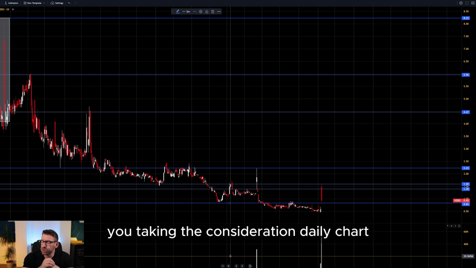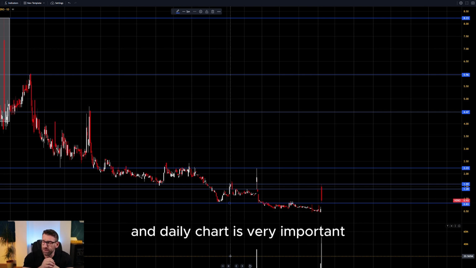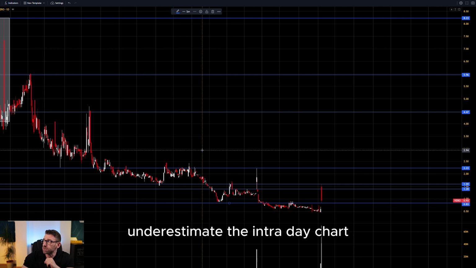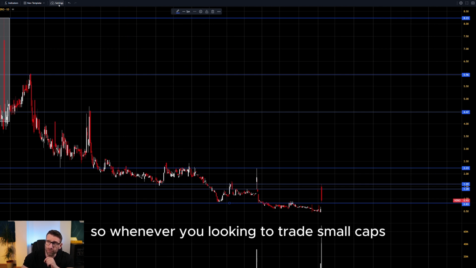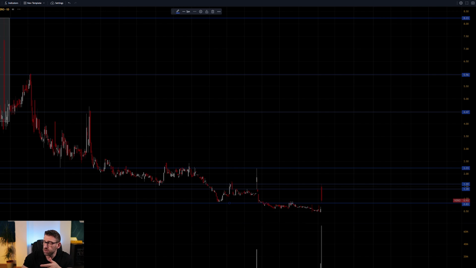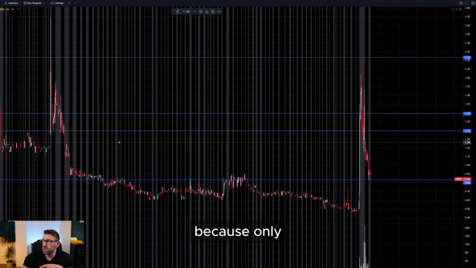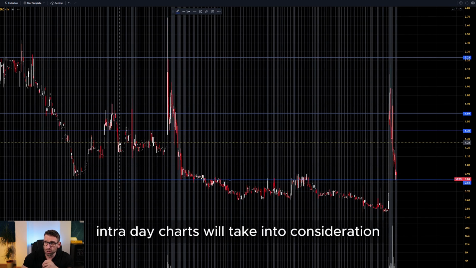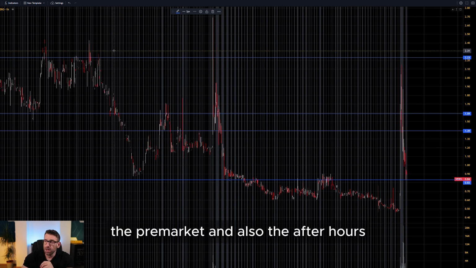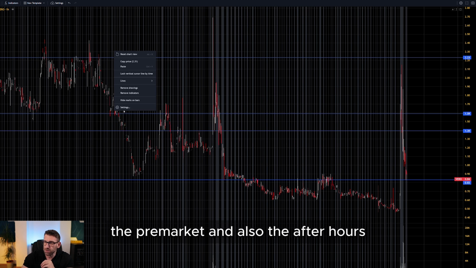You take into consideration the daily chart, and the daily chart is very important, but you don't have to underestimate the intraday chart. So whenever you're looking to trade small caps, remember that you also have to shift your chart to a 4 hour or a 1 hour chart, because only intraday charts take into consideration the pre-market and also the after hours.